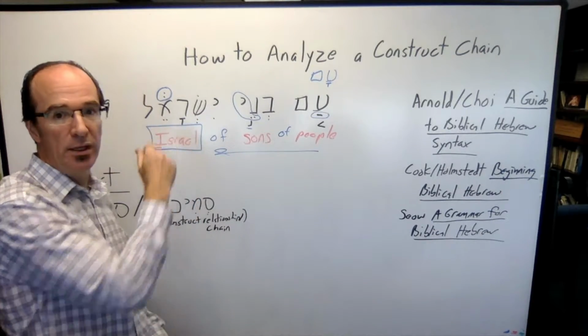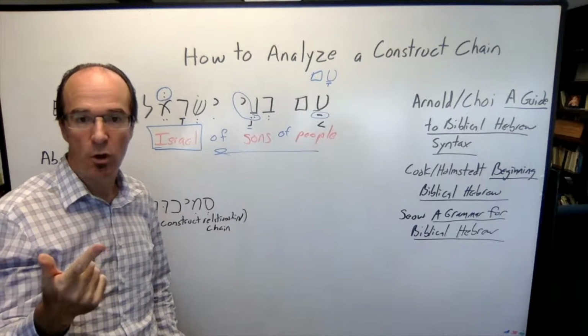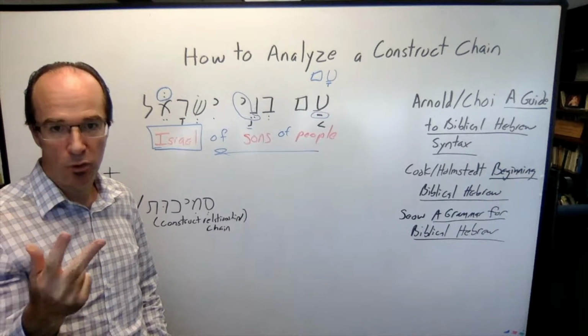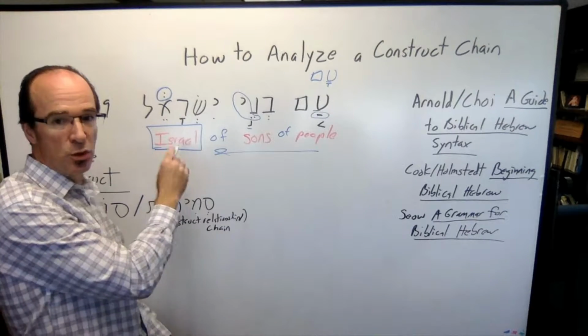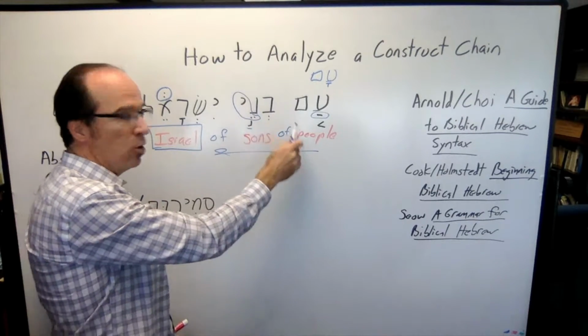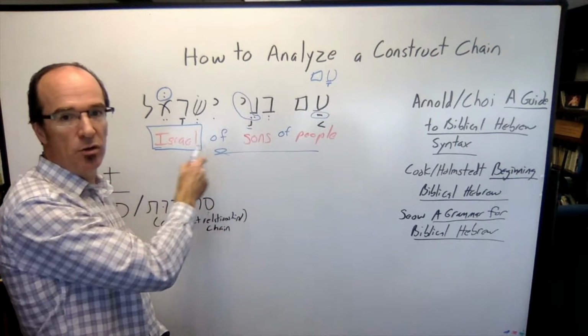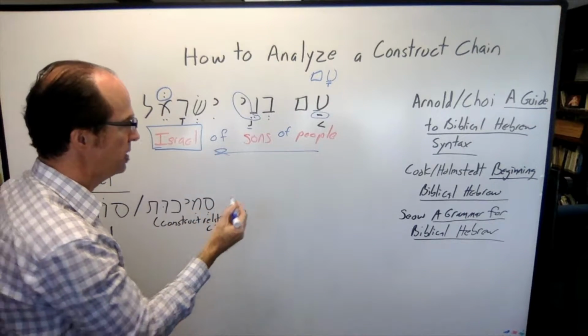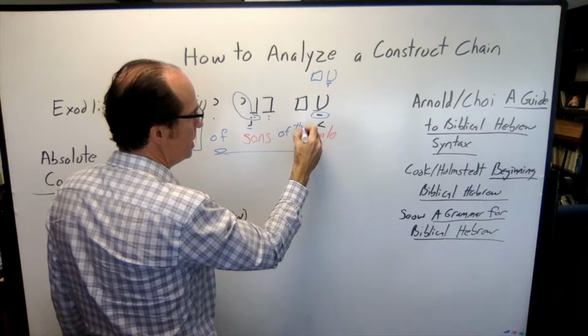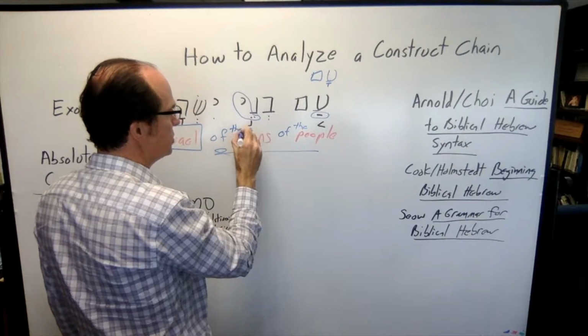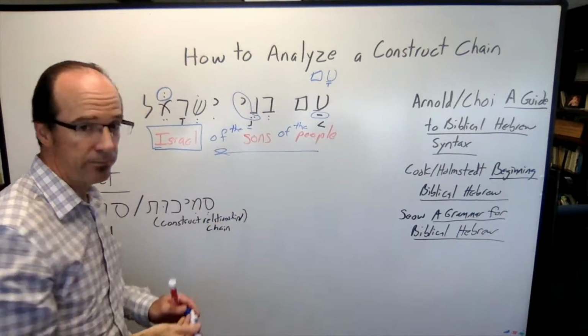So you could be definite by proper name, definite article, or having an attached pronoun. Because Israel is definite, that means when we go back and translate, the entire chain of nouns is definite. So we would add: the people of the sons of Israel.